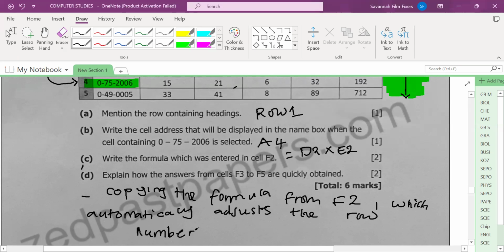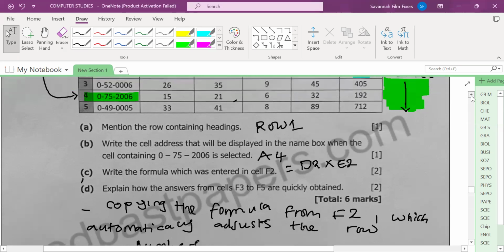So we'll be getting the results as we go down. This is how we answer this paper.